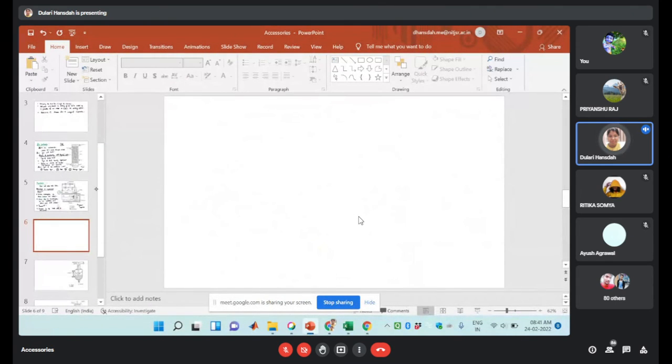Okay, so there are two types of superheaters. One is the convective superheater. Another one is the radiant.